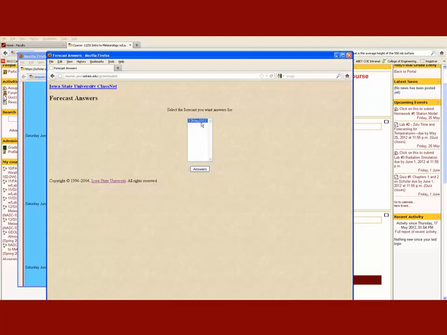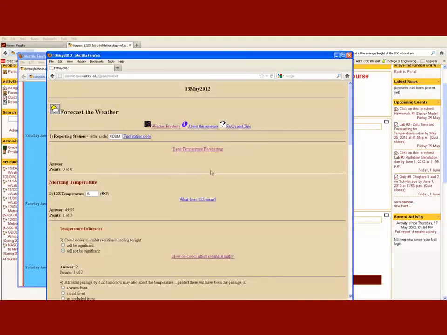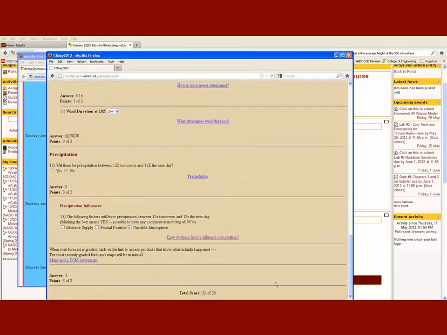So rule of thumb, the day you submit a forecast, you're submitting for the next day's weather, but you can expect to get this graded by the computer program 3 days after you submit it. So May 13th is when I submitted it. Today's May 17th, so May 16th it should have been graded. So if I click on answers and I scroll down here to the bottom, I can see I got a 32 out of 36. It's not bad.